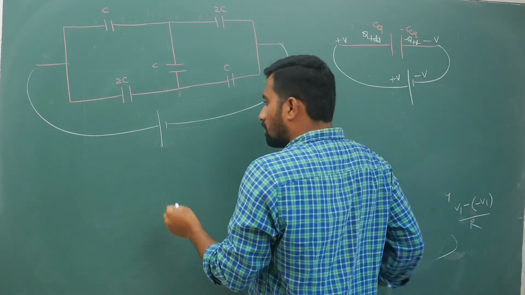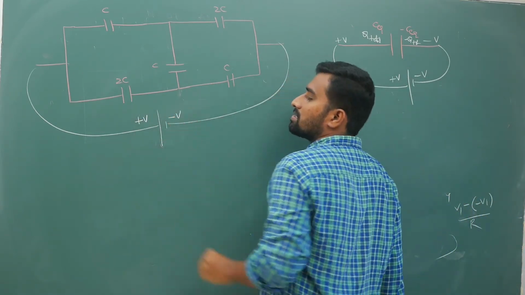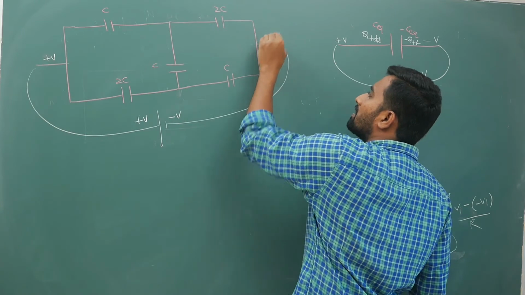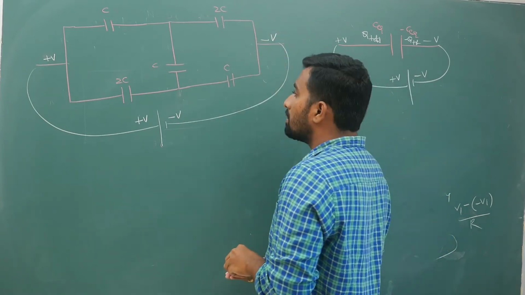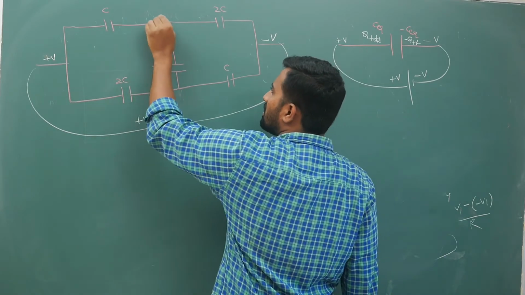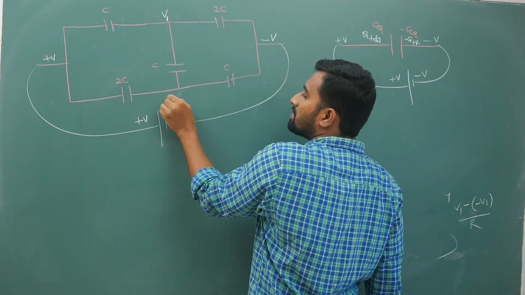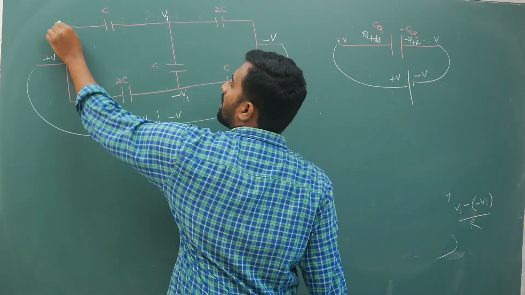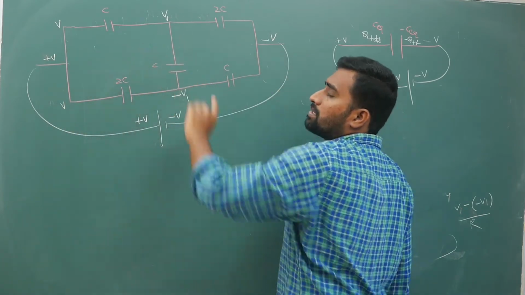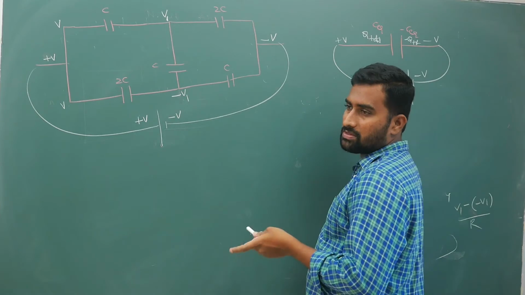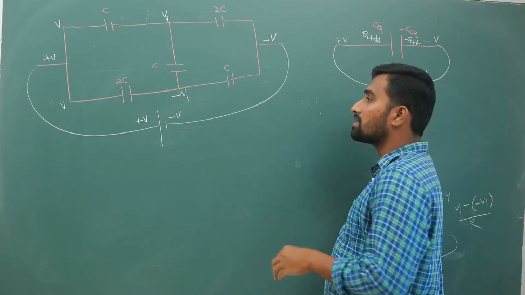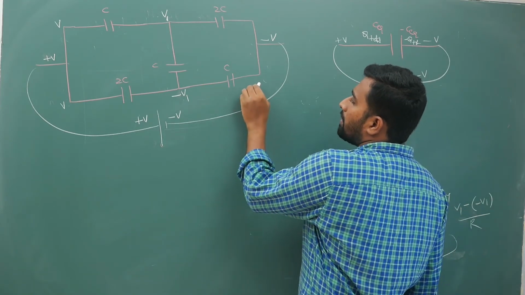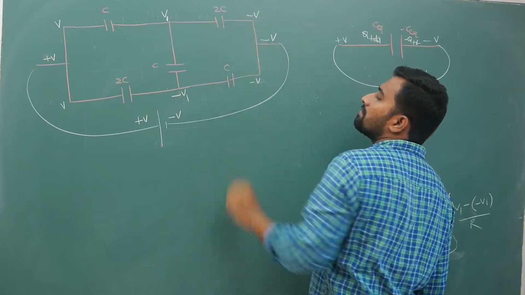For this part, after C I keep plus V1, and from this side after C I keep minus V1. The entire method is the same, but because of symmetry, from the positive side after every step the potential drop is V1, and from the negative side after the same step it is minus V1.